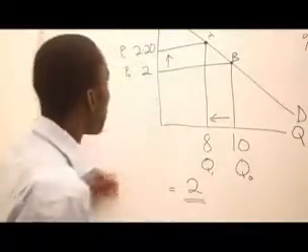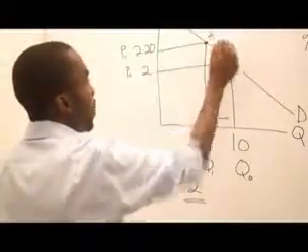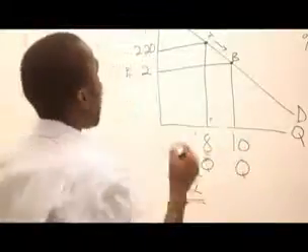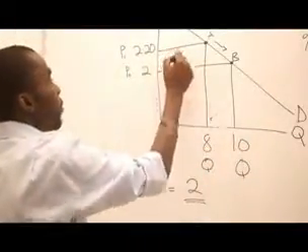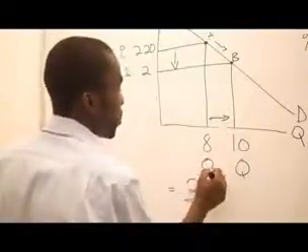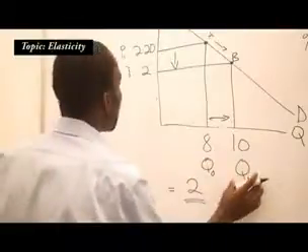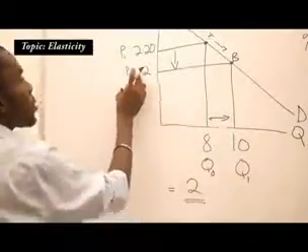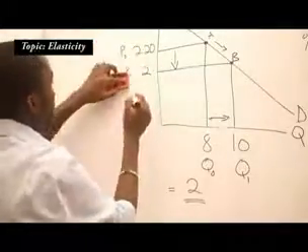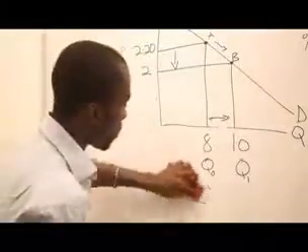So let's say now we are moving from point A to point B, and in this case there is a reduction in price and an increase in quantity, so that now our Q initial is 8 and then our new quantity is 10, whilst our old price is 2.2 and then our new price is 2.